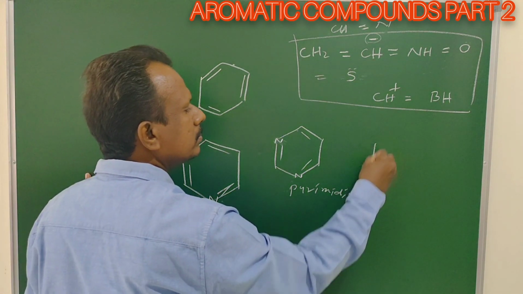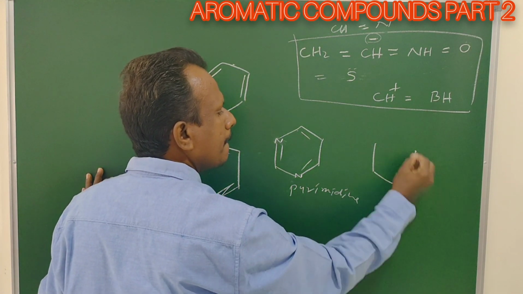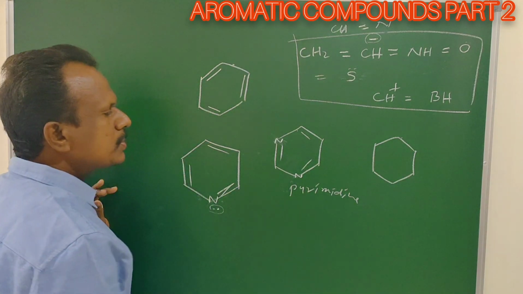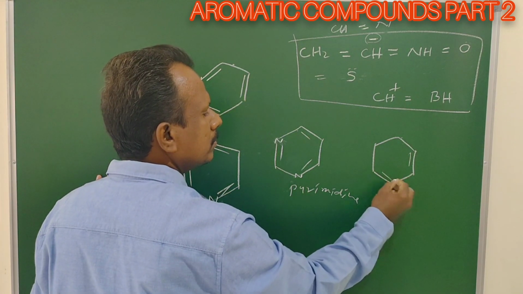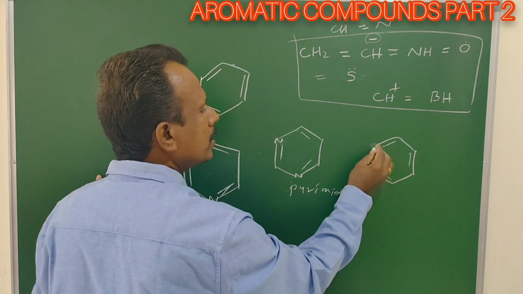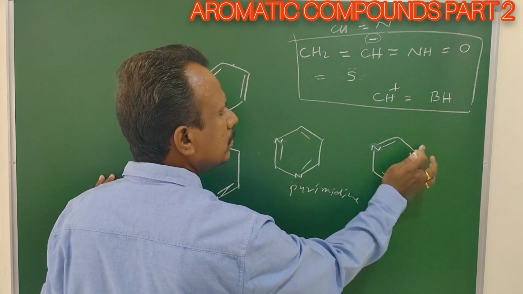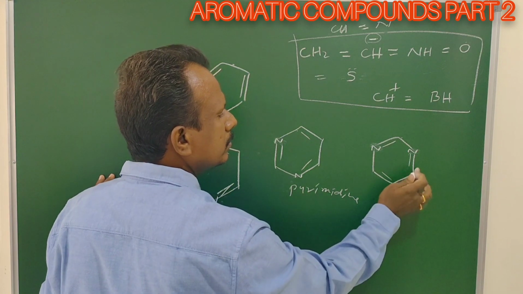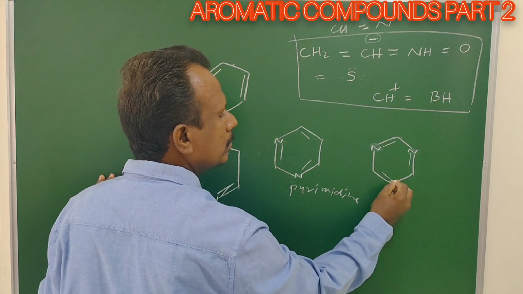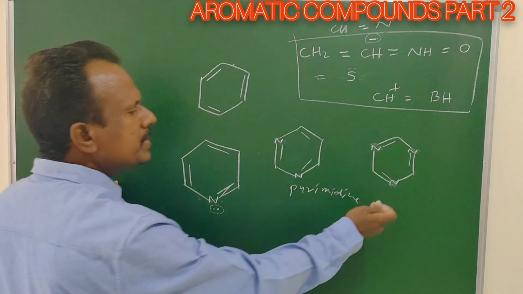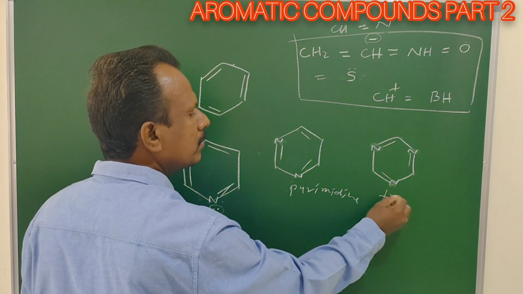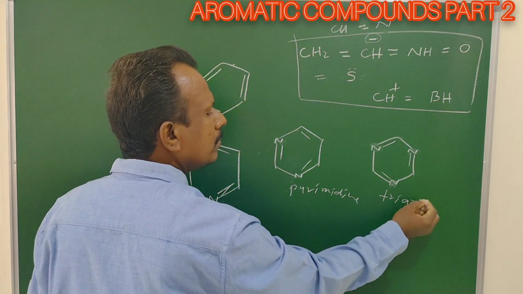Next one, 3 CH groups of benzene in alternate positions are replaced by N atoms. Here, it is called triazine.